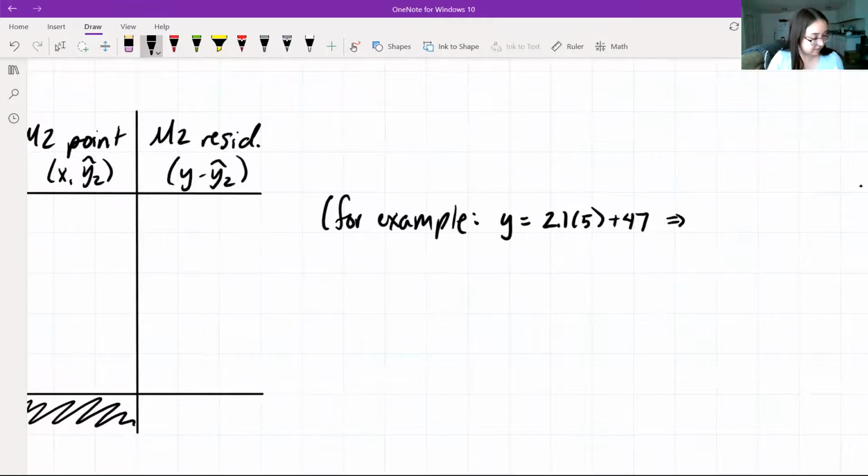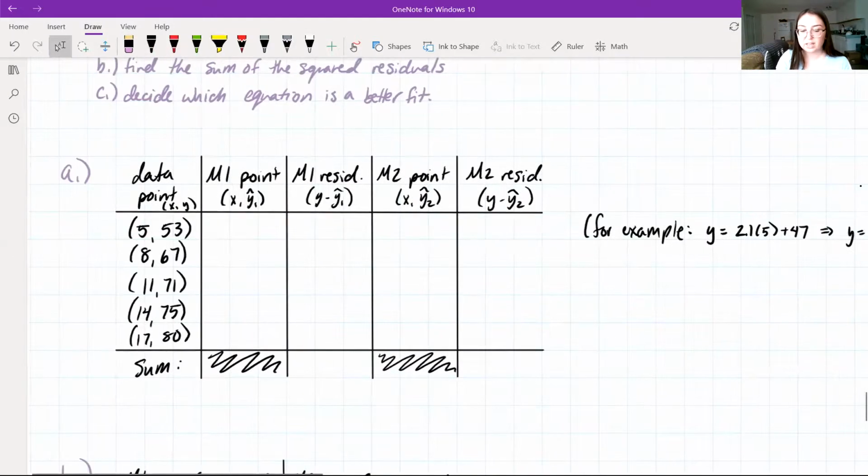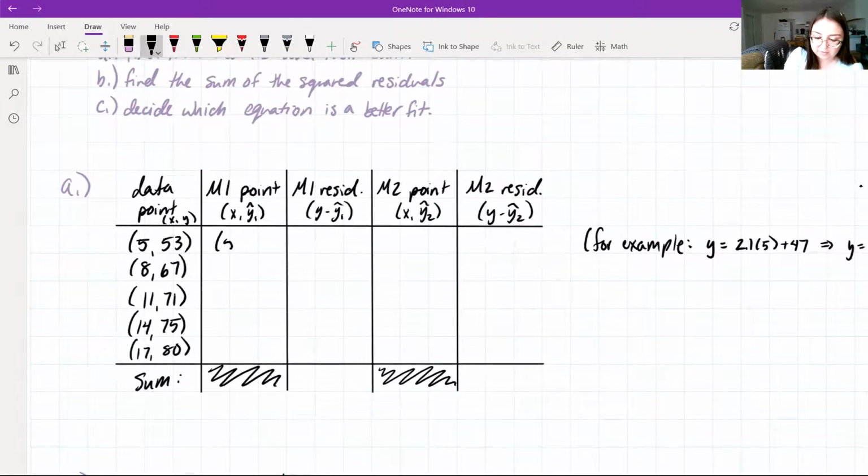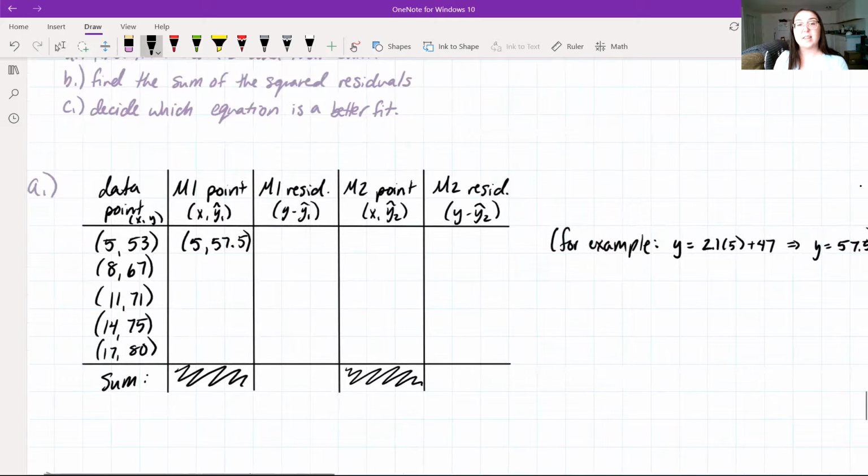And when we calculate this, we're going to get y is equal to 57.5. And that's for our very first example here in our Model 1 point. So when x equals 5, y is 57.5. And that's how we're going to calculate every one of these values.